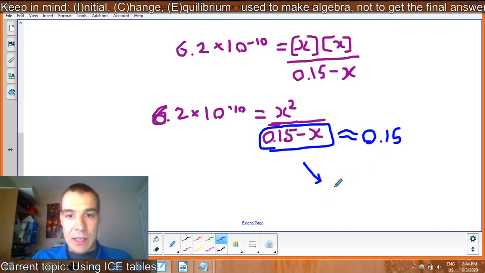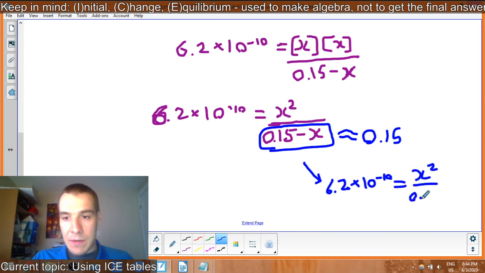So that turns it into 6.2 times 10 to the negative 10 equals X squared divided by 0.15.